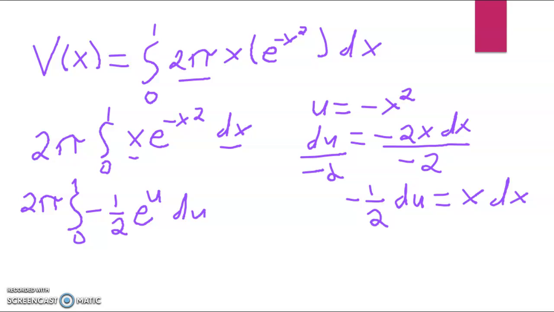Now this is an easy integral. Again, this is a constant, so we could just go ahead and take that out and simplify. 2 pi times negative 1 over 2 is just going to give us negative pi. We could take that to the outside. And then the integral of e to the u is just going to be e to the u.